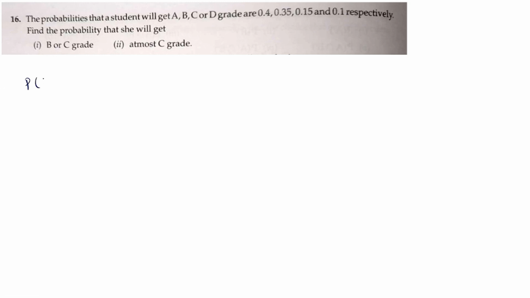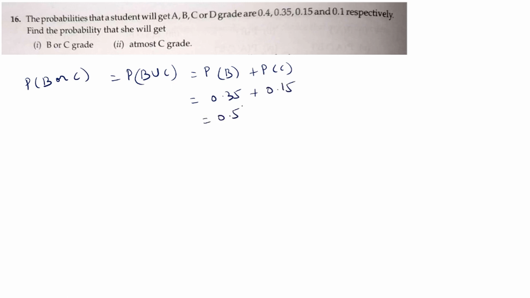So probability of B or C, it is equal to probability of B union C. So it is probability of B plus probability of C. So probability of B is 0.35 and probability of C is 0.15. So this is equal to 0.5.